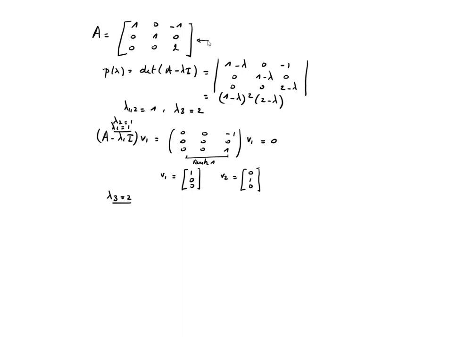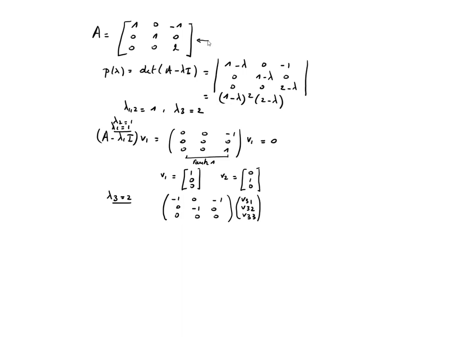Okay, so let us now look at the situation where lambda 3 is equal to 2. So we inject lambda 3 equal to 2 in here, and we obtain -1, 0, -1, 0, -1, 0, 0, 0, and 0 over here, times V3 1, V3 2, and V3 3.